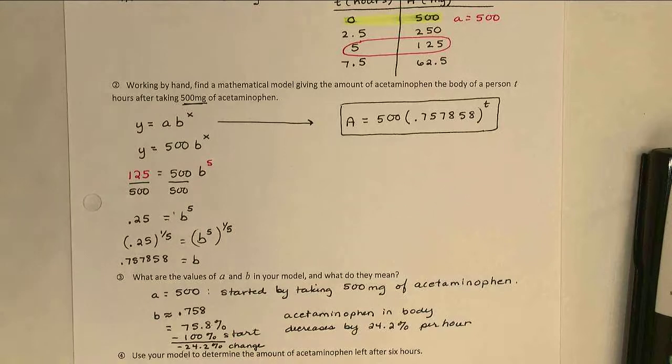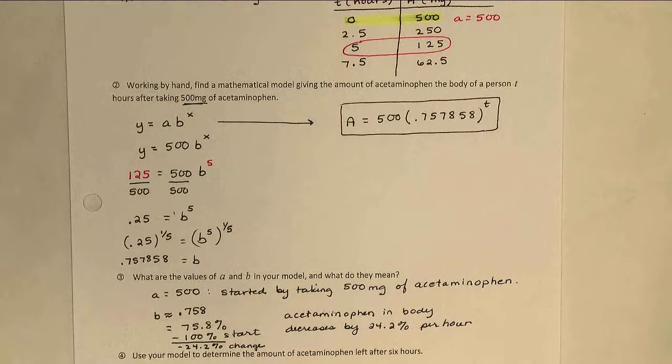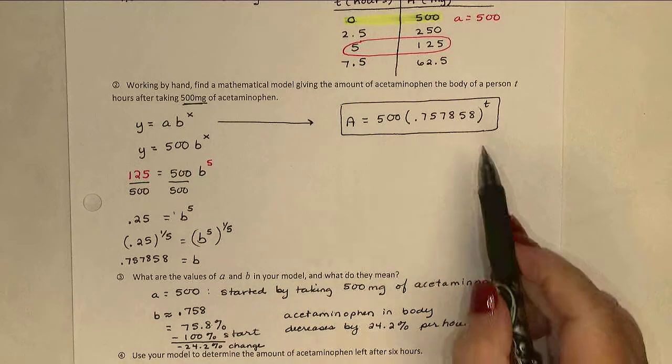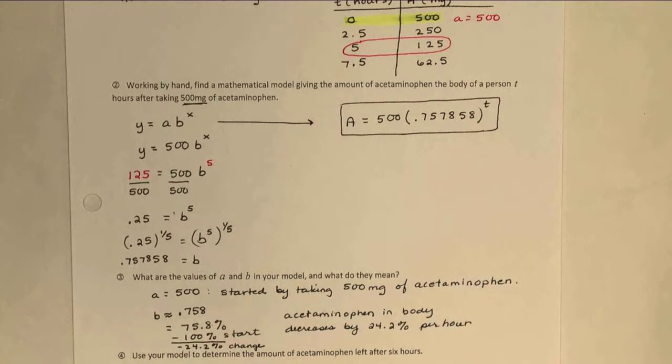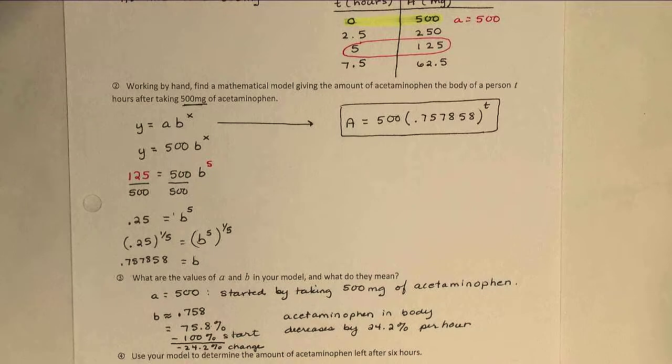So this was one where really the B value wasn't in the original problem in any obvious way at all. We couldn't figure that out until we had the equation. All right, and then finally, how much acetaminophen is left after 6 hours?